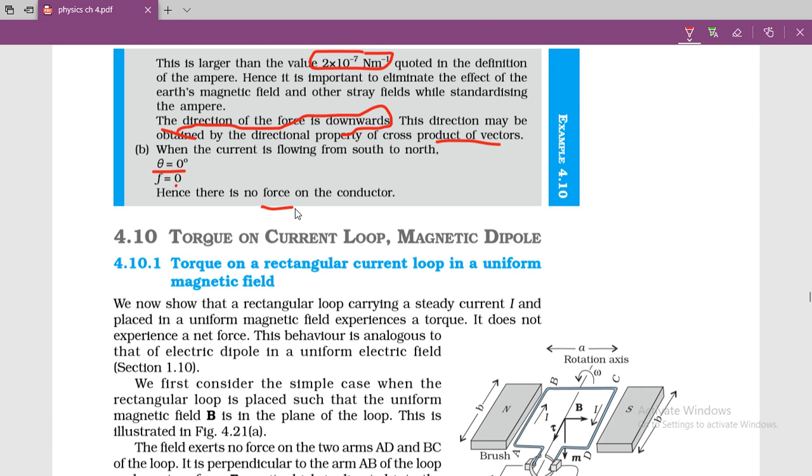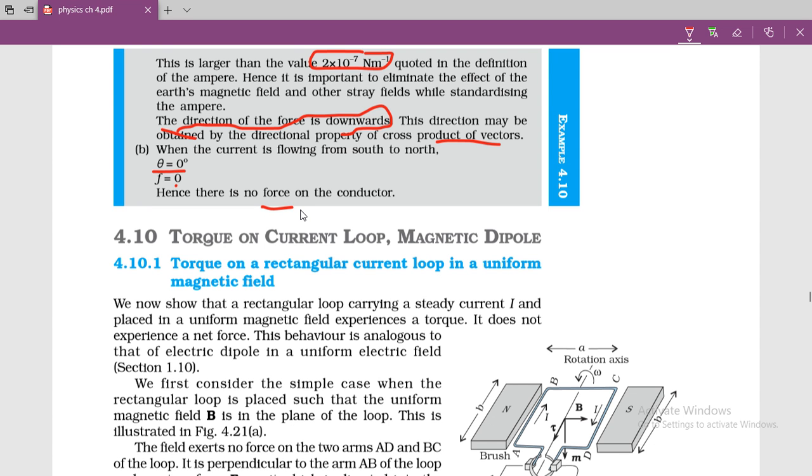So when the conductor is placed in the same direction of the magnetic field, it does not experience any force due to the magnetic field. But if it is placed at any angle except 0 and 180 degree, it will experience some force, and the magnitude of that force is given by F by L is equal to IB sin theta, where theta is the angle between the conductor and the magnetic field.